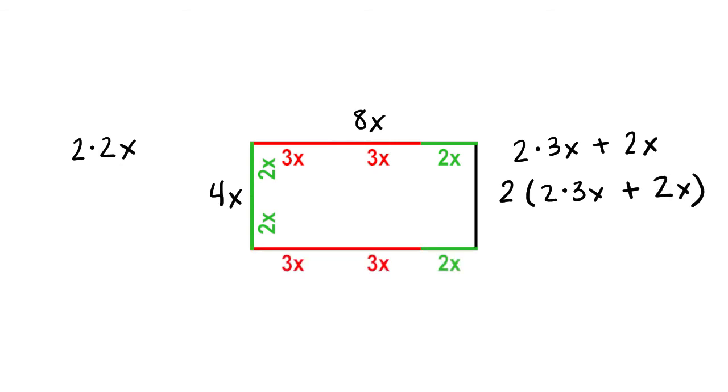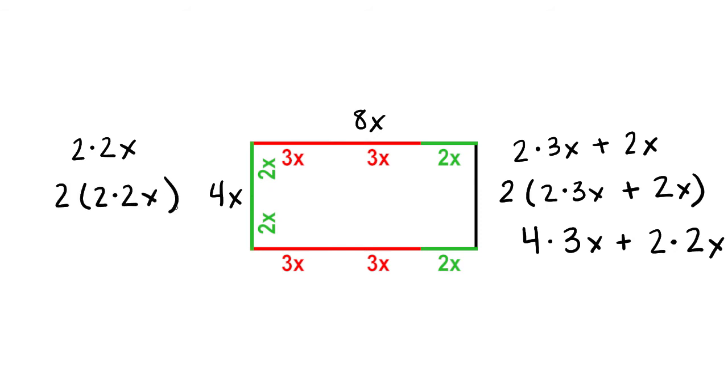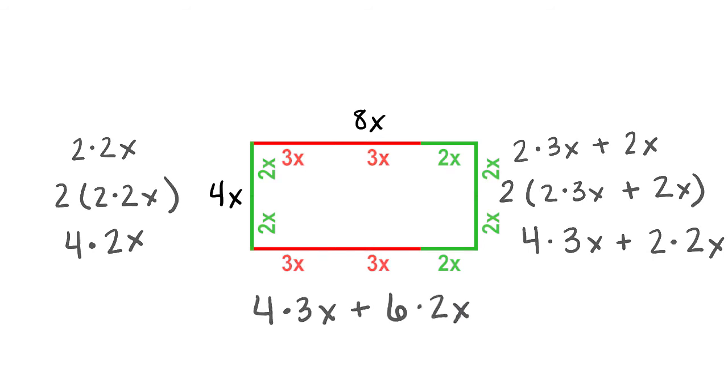This means that we will need 4 of the 3x size pieces and 2 of the 2x size pieces. There are two sides that are 4x, which means we will need to multiply the 2 times 2x by 2. This means that we will need 4 of the 2x size pieces. The total amount we need to order will be 4 3x size pieces plus 6 of the 2x size pieces.